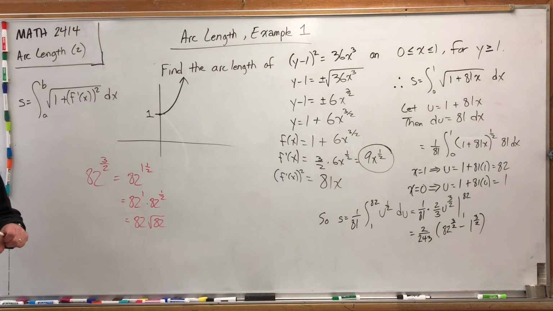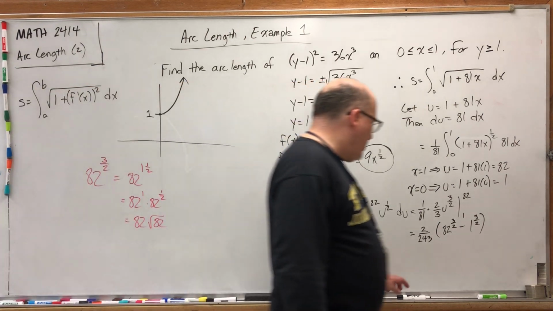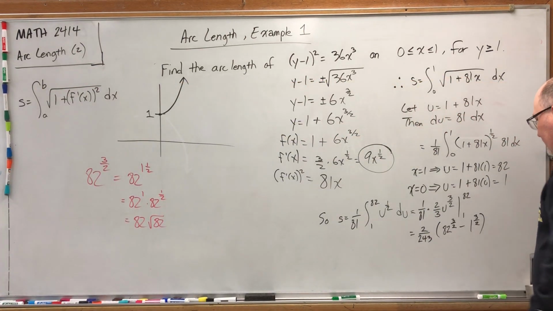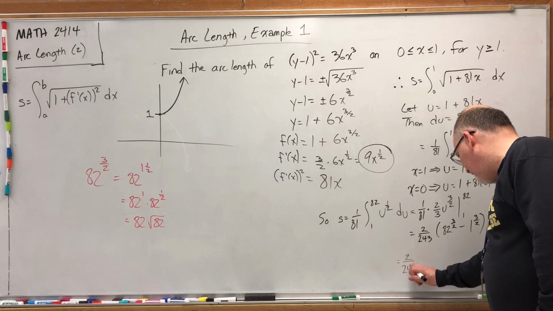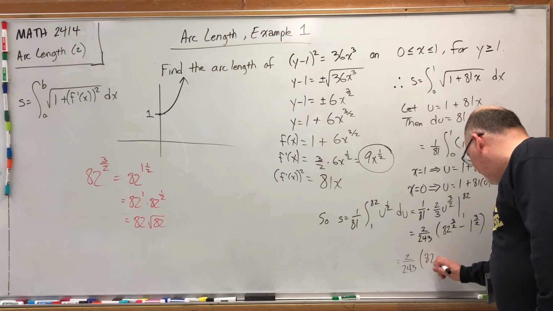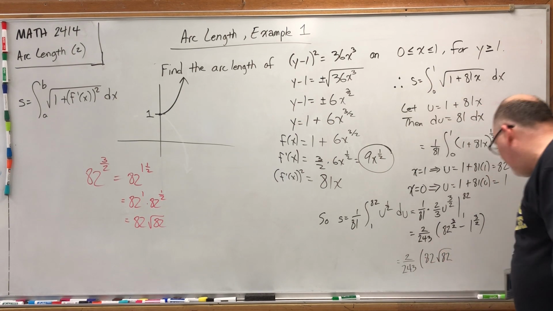And that square root can't be simplified. You can try it, but it won't. So I can rewrite 82 to the 3/2 as 82 times the square root of 82.